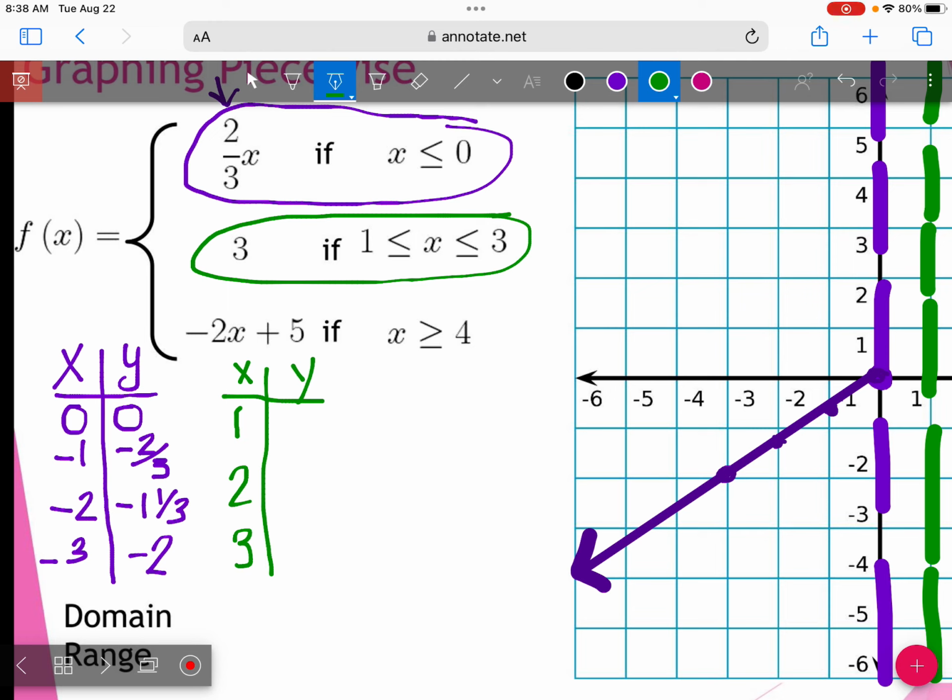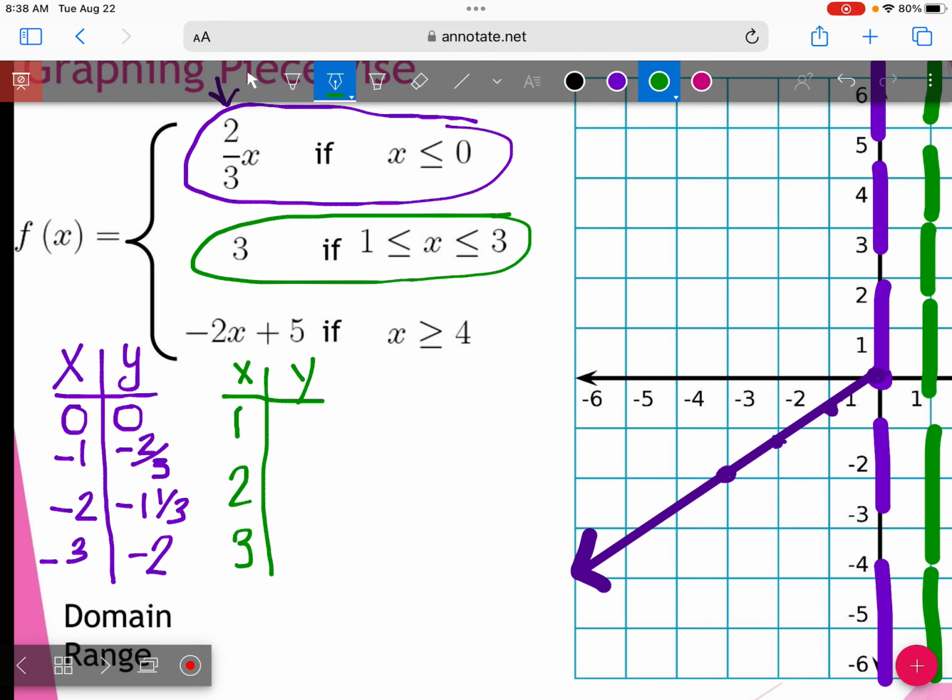The equation for this piece is y equals 3. Remember, f of x is y in fancy code. Y equals 3. So when x is 1, what does y equal?